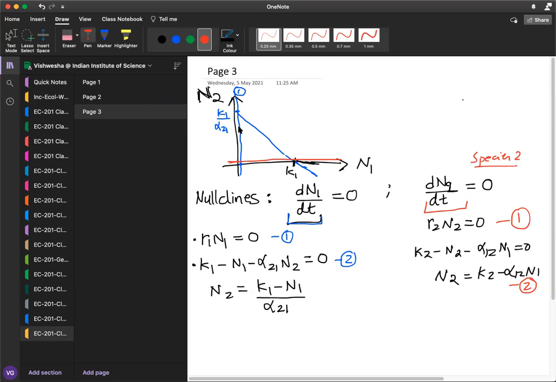Let's arbitrarily choose K2 to be this. And where does it hit where N2 becomes 0? When N1 is K2 by alpha 1, 2. So this value is basically K2 by alpha 1, 2.